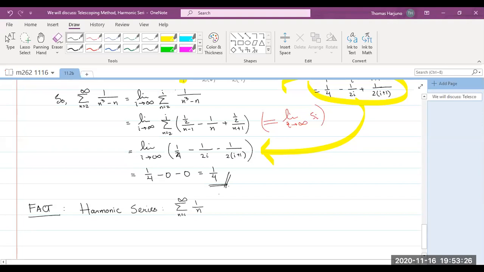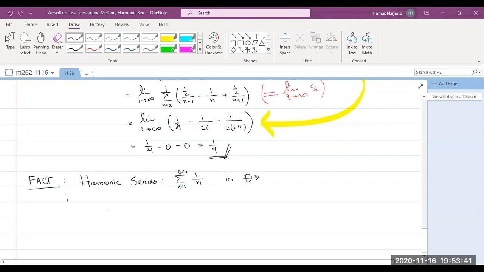The harmonic series is divergent. The proof can be seen in example 8 in our textbook. But basically, this is what it is.